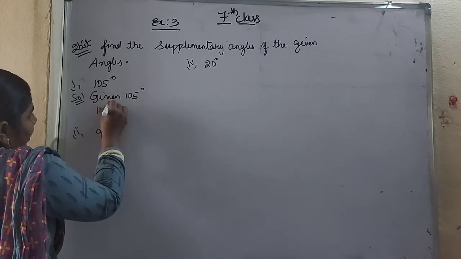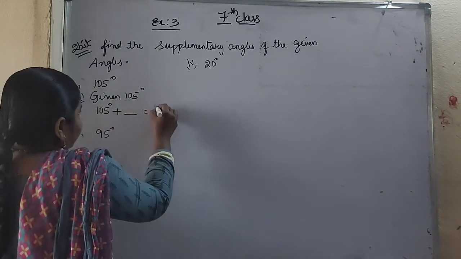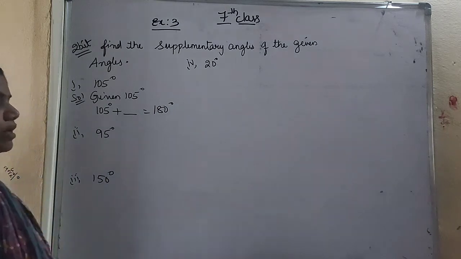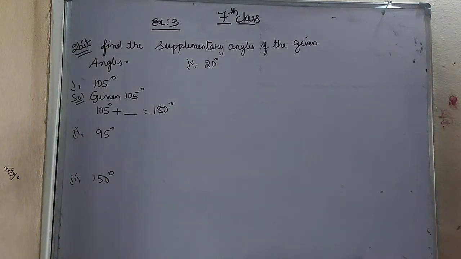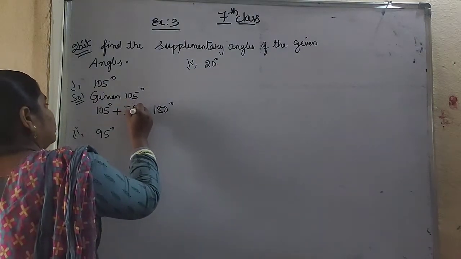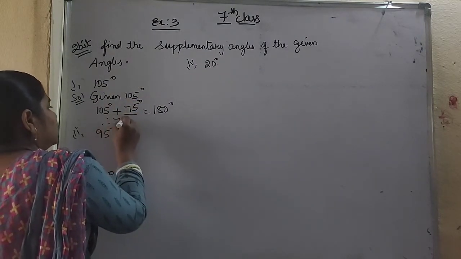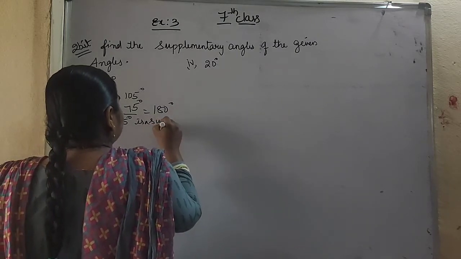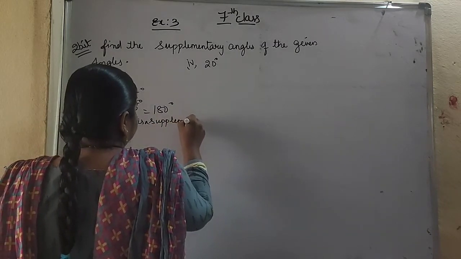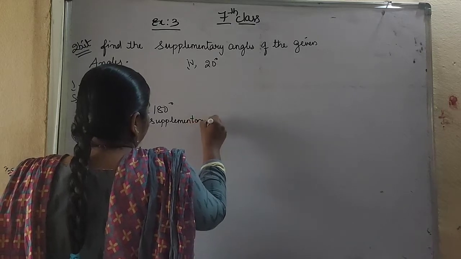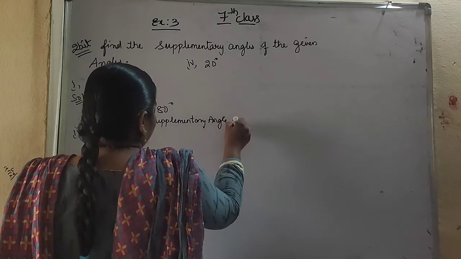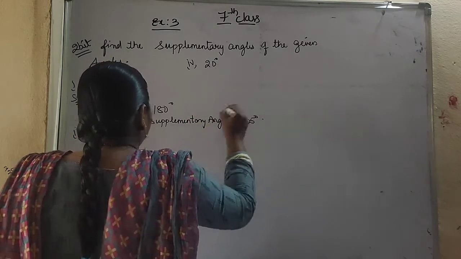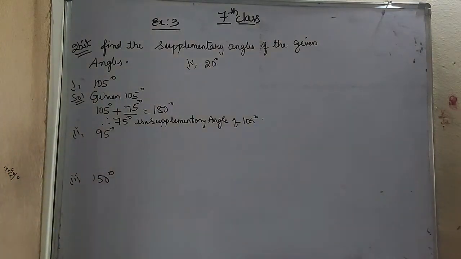For this 105, how much will you add to get 180 degrees? 180 is nothing but supplementary. How much will you add? It will be 75. So 75 degrees is a supplementary angle of 105 degrees. This is our first one.